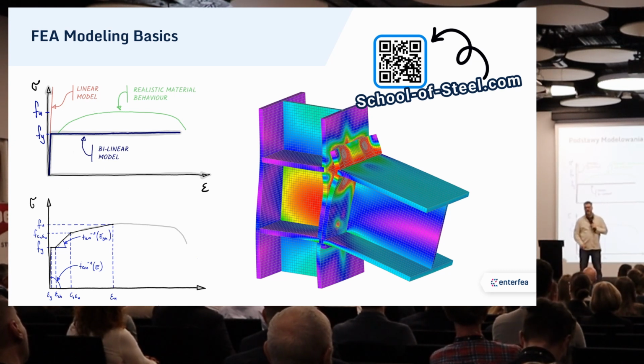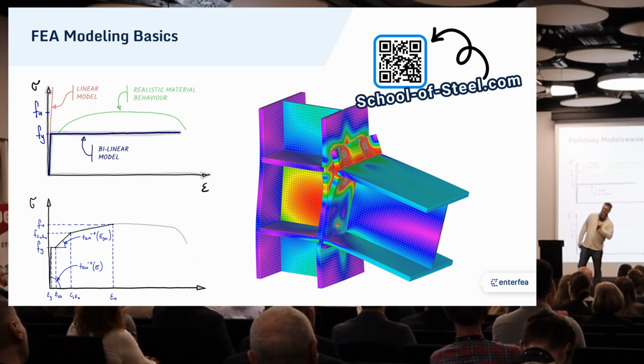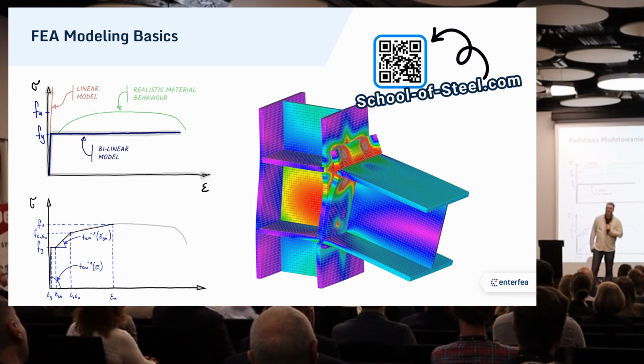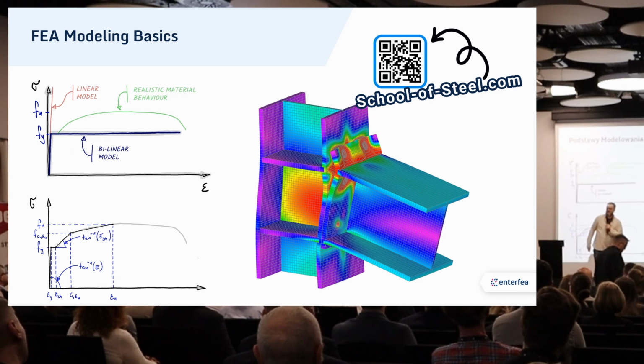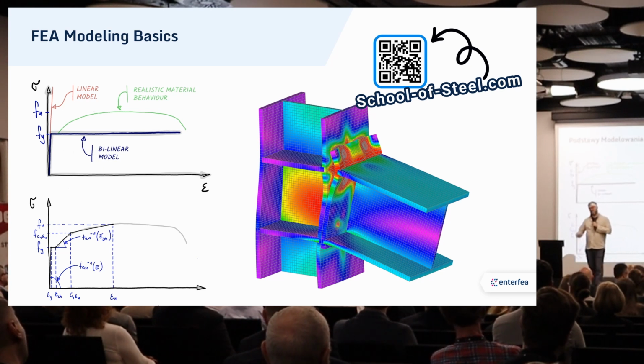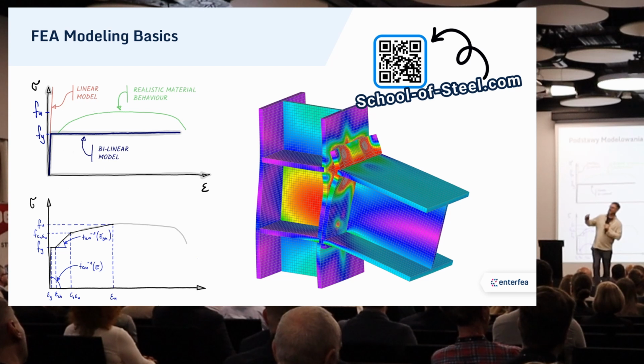When you are modeling connections, most likely there will be plenty of stress peaks, and you don't really want to analyze how many times stress can be higher than yield for this to work. You want to have a solid, concrete answer. And with that, it's very beneficial to use nonlinear material properties.